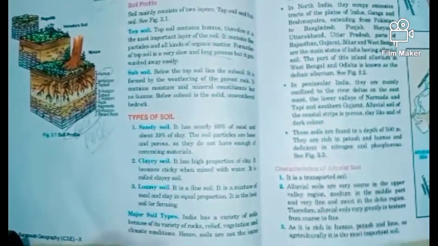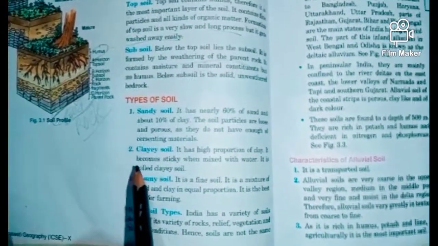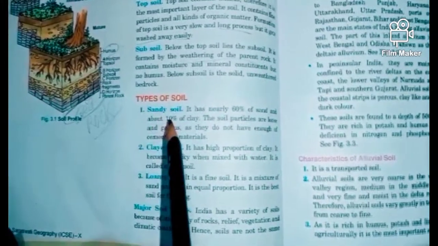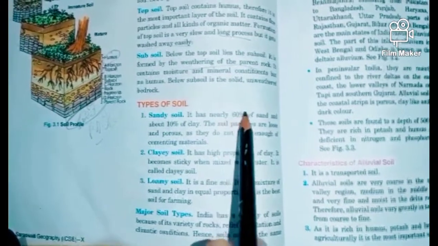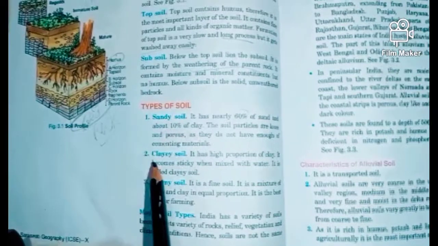Now based on the content availability, we can find out what types of soils we can generally have. There are mainly three types of soils based on composition. These are sandy soils. Sandy soil, as the word itself suggests, contains approximately 60% sand and only 10% clay.